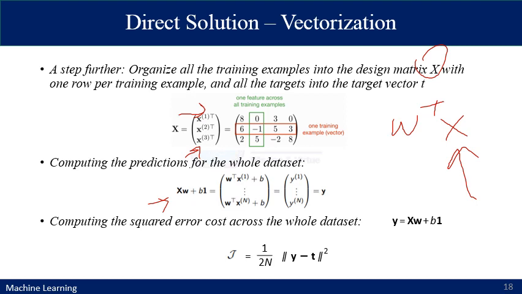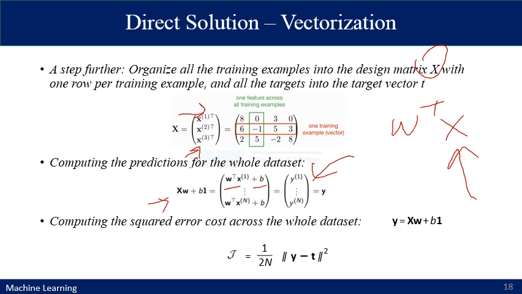So we have WTX for each instance plus some bias term, which will result in our prediction. Again, we will have one matrix for the prediction y.